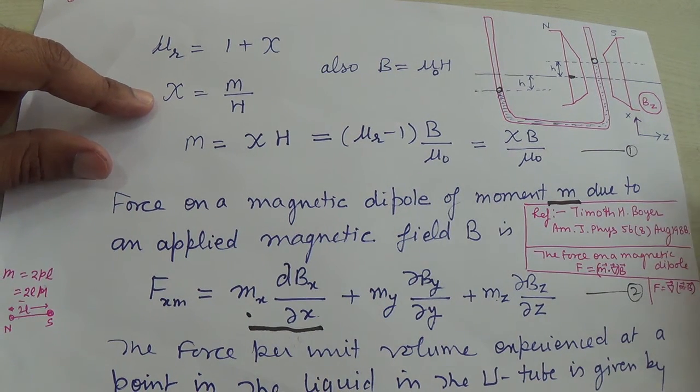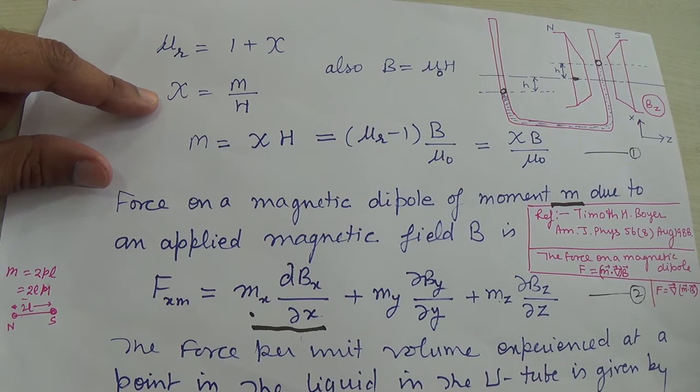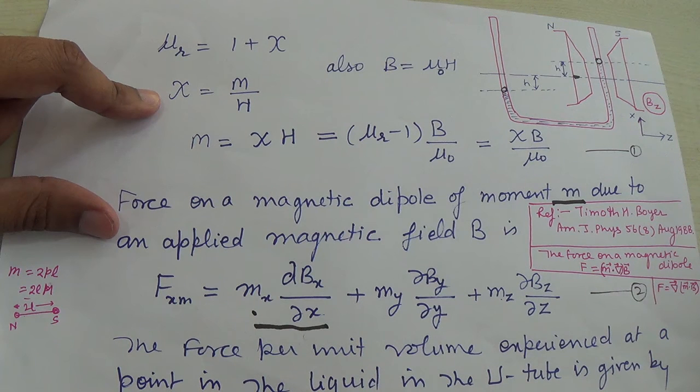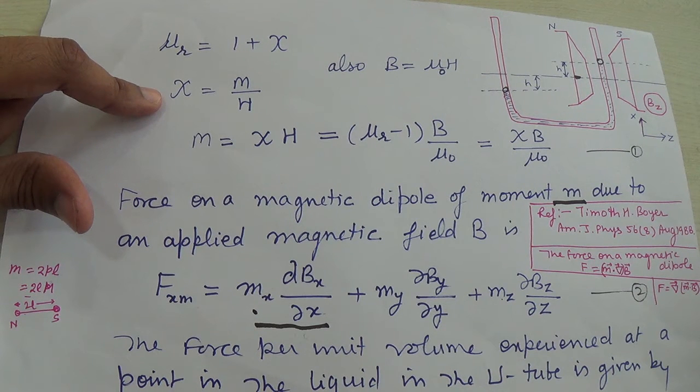So to define chi, we need the intensity of magnetization and the external magnetic field. For this video lecture, my focus is only on intensity of magnetization, because without knowledge of intensity of magnetization, no one can understand the susceptibility.